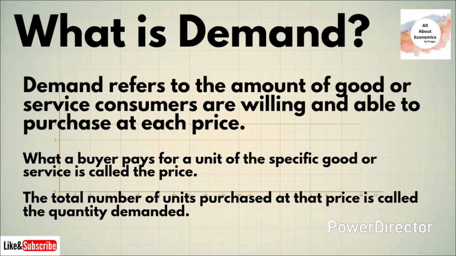Let's take another example: if you want to purchase a luxurious car, but you don't have the ability, you have the willingness but you don't have the ability. So what is demand? Demand is that you want to purchase it, you are willing to purchase it, and you have the ability to purchase it at the different prices of the market.